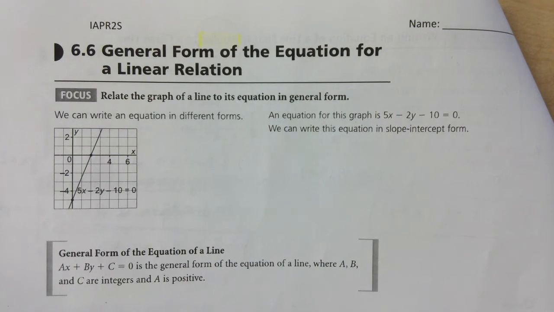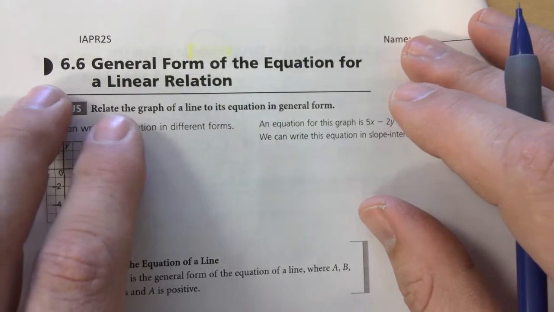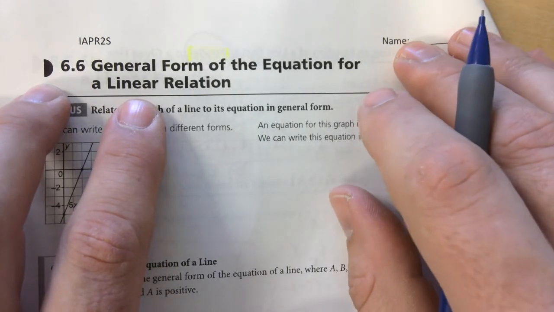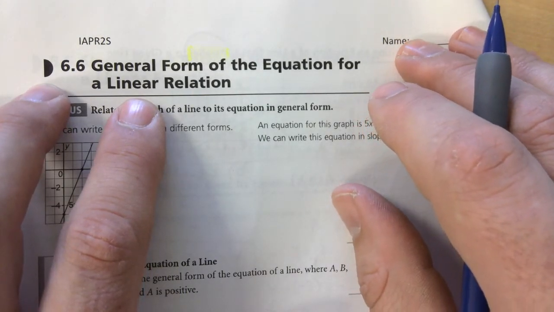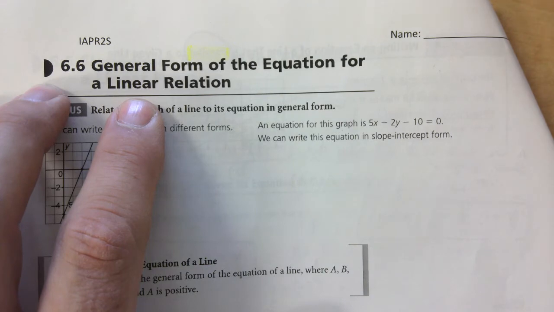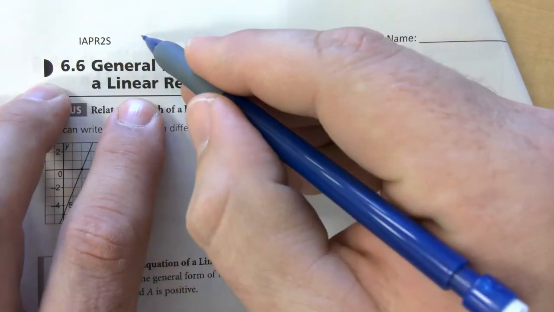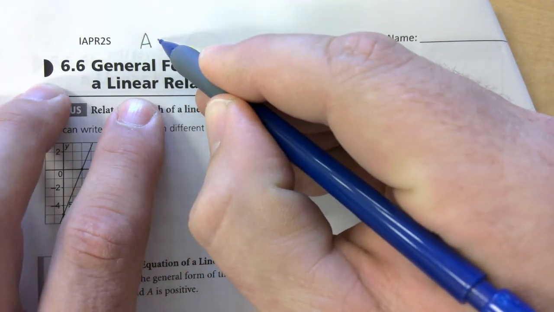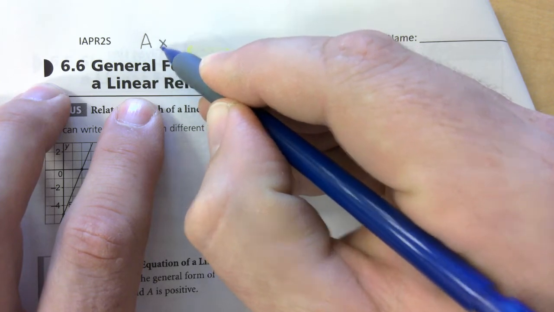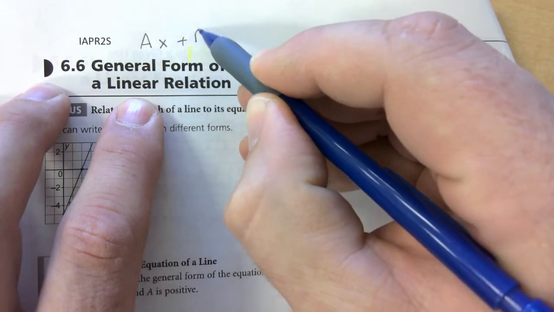General form of the equation, the third type. And I think at the top, I'm going to write it down so it sticks out. I don't know why they use capitals, but they do.